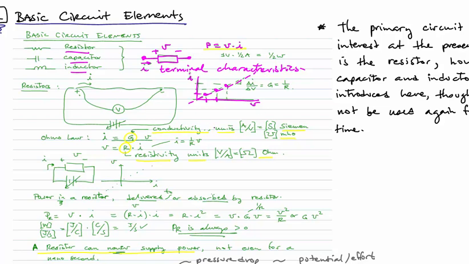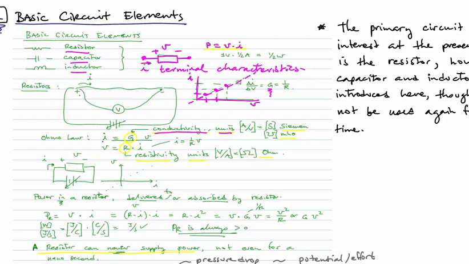So in this case, because I'm plotting current vertically and voltage horizontally, the slope is going to be delta I over delta V. And as we saw from units earlier, the unit of conductance is amps per volt. And so that slope actually turns out to be conductance, which has the units amps per volt, Siemens or mhos.